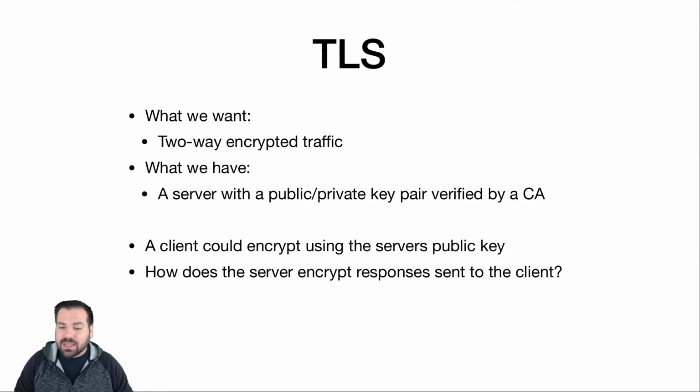But everything we've talked about only helps us encrypt traffic to the server. There's one pretty big problem. So one way we could solve this using what we've talked about so far, say when the server sends sensitive data to the user, we would like to encrypt that too.